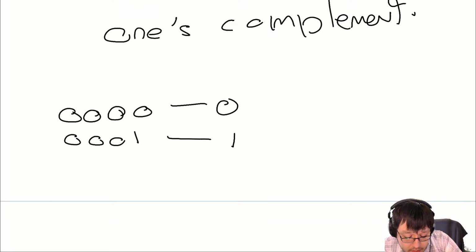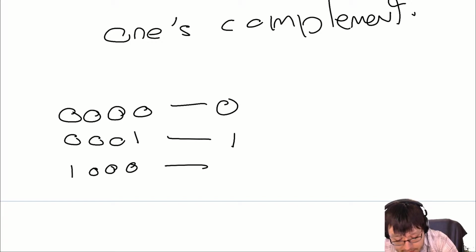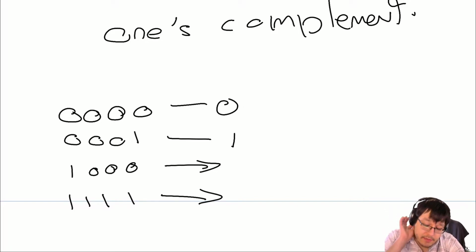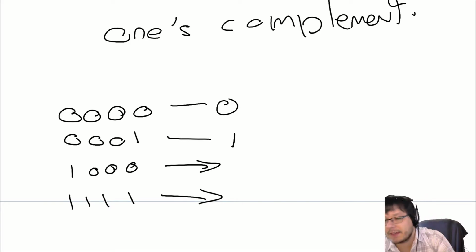Eventually, once you get to 1, 0, 0, and then eventually 1, 1, 1, this is going to be the biggest negative, or I guess the smallest negative number you can have. I was thinking biggest because it's the biggest number, but it's a negative, so it becomes smallest, I guess.